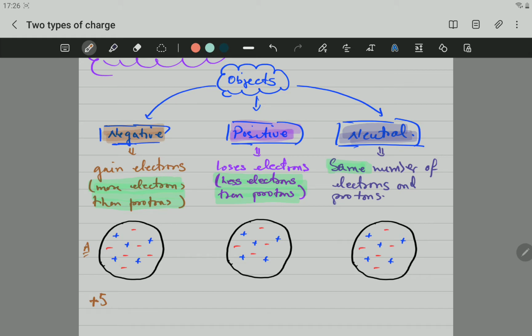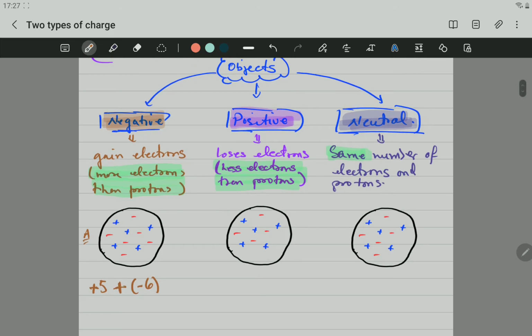There are 6 electrons. If we add negative 6, because electrons are negative, this object has a net charge of minus 1. It has one more electron than protons.